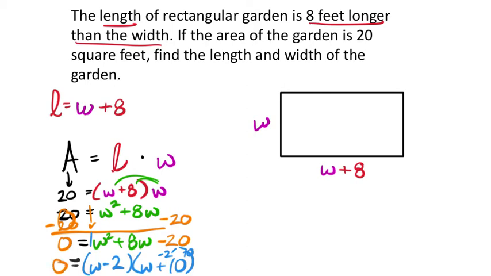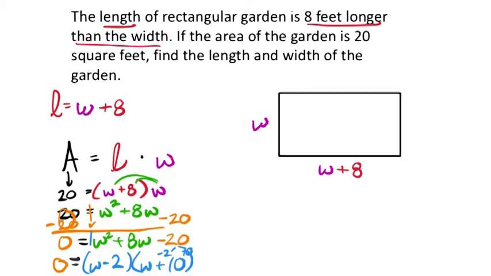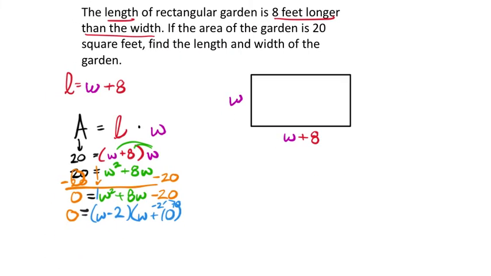All right, well, that's fine, and we did some factoring right there. It's fun, it's colorful, but what does this tell us? Well, I'm going to take a bit of a shortcut here. Your width in the first parentheses could be 2, but the second parentheses would tell you that the width could also be negative 10.